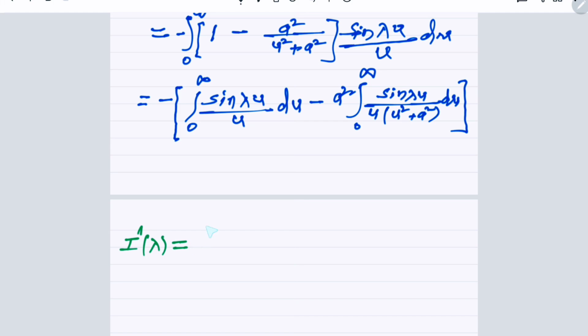It is equal to minus the value of the first integral, which is pi by 2 using the Laplace transform theorem, division by t technique. The second term is as it is, no change.